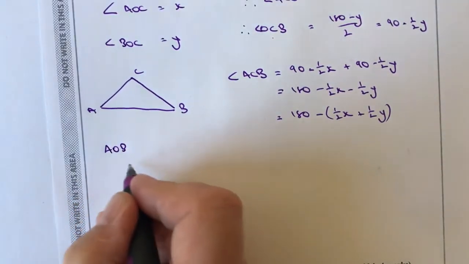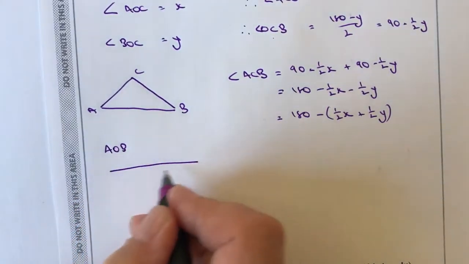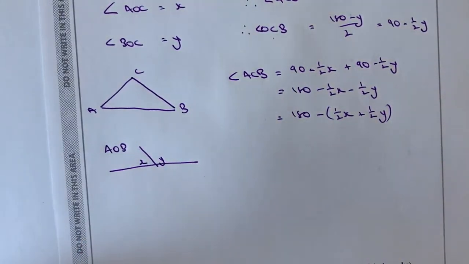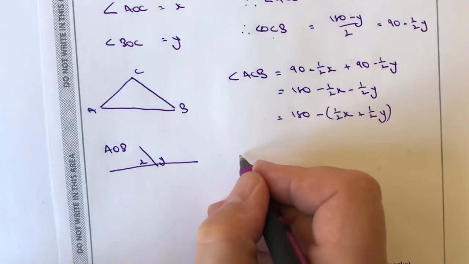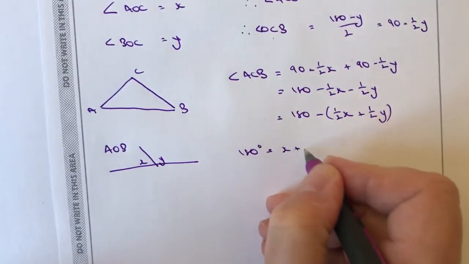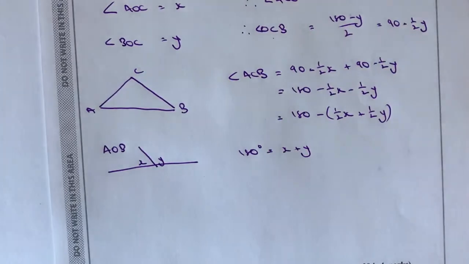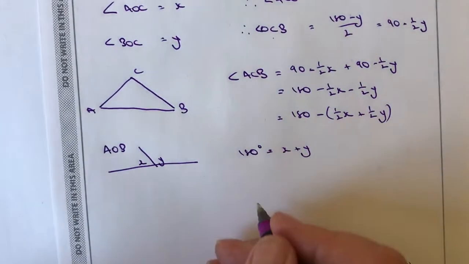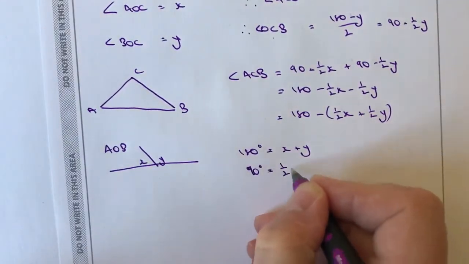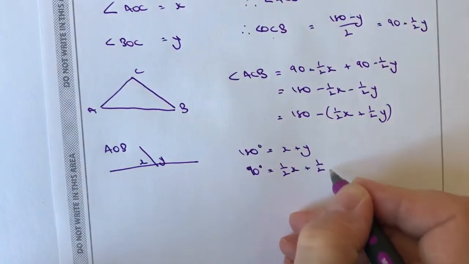AOB is this line, isn't it? Part of it is x, part of it is y. So I can say 180 degrees equals x plus y. But it also means that if I divide through by 2, I can say that 90 degrees equals a half x plus a half y.